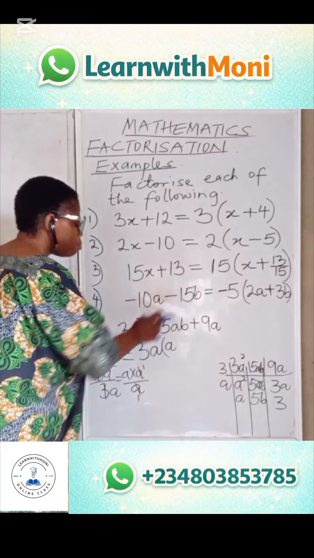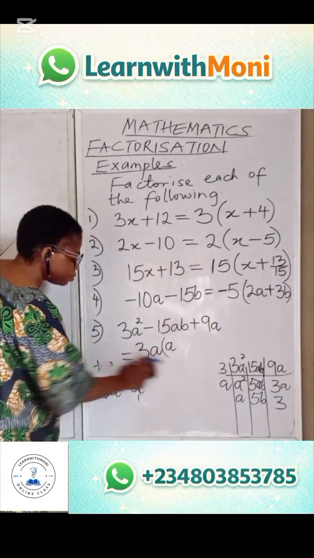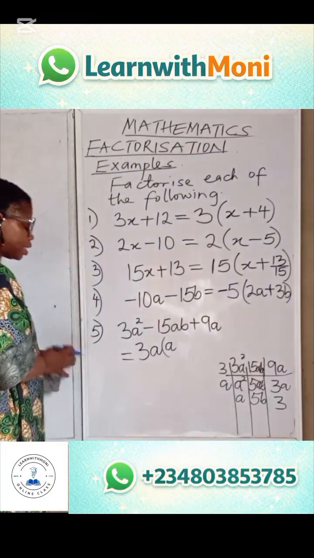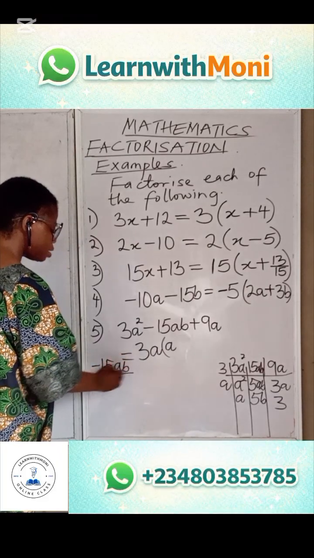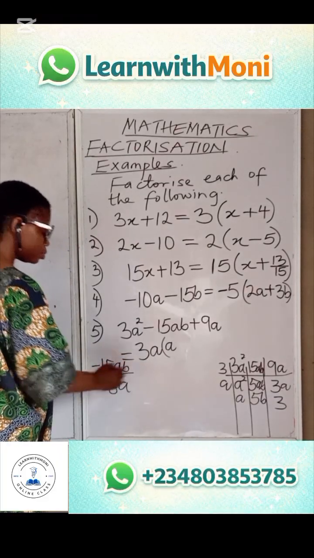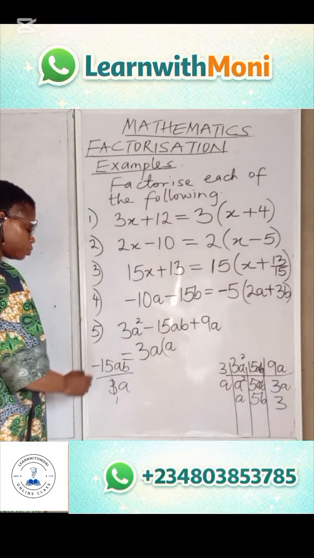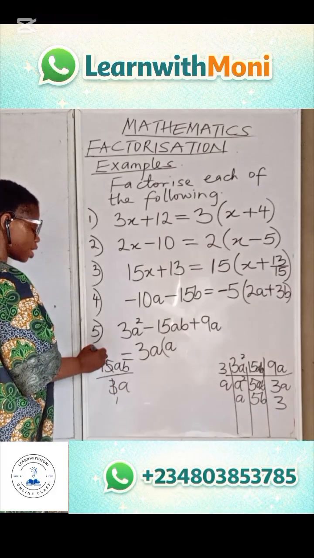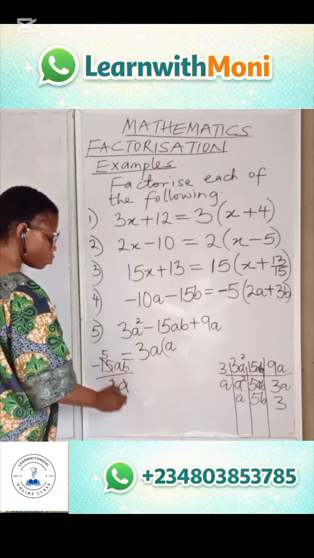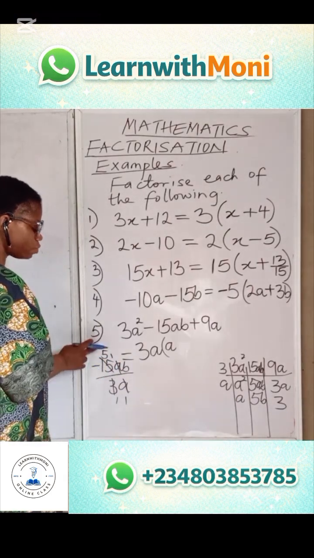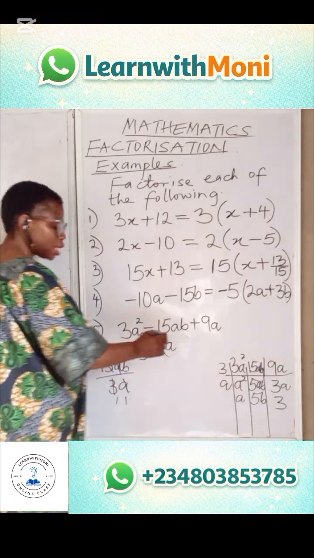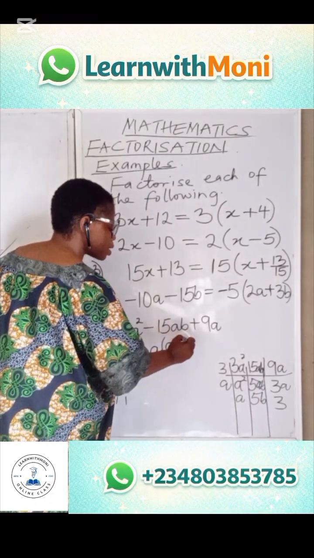Now we have minus 15ab divided by 3a. 3 divides 3 once. 3 divides 15 5 times. A divides a once. So we are left with minus 5b, and that is exactly what I'll put in the bracket.